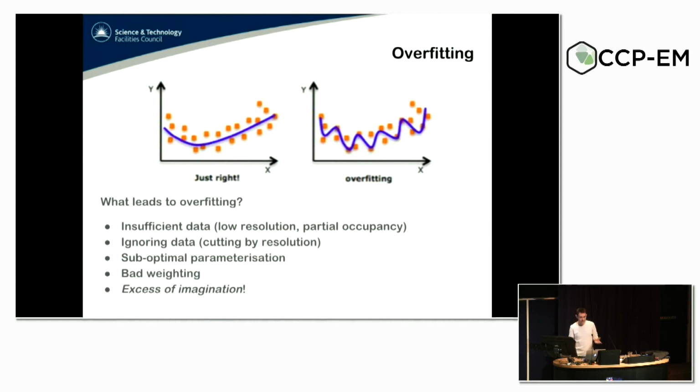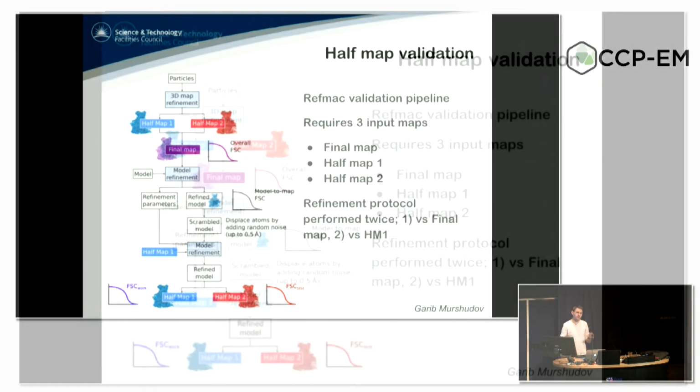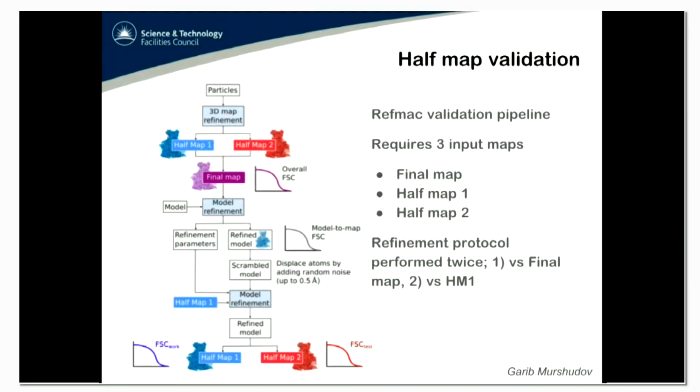And this can be caused by having insufficient data due to low resolution or partial occupancy in domains, by ignoring data, by truncating the resolution, by suboptimal model parameterization, by bad weighting, so putting too much emphasis on your data at the cost of listening to your stereochemical restraints, or just a simple kind of excess of imagination by the user. So what half map validation does is to try and show you if you've entered into this situation.